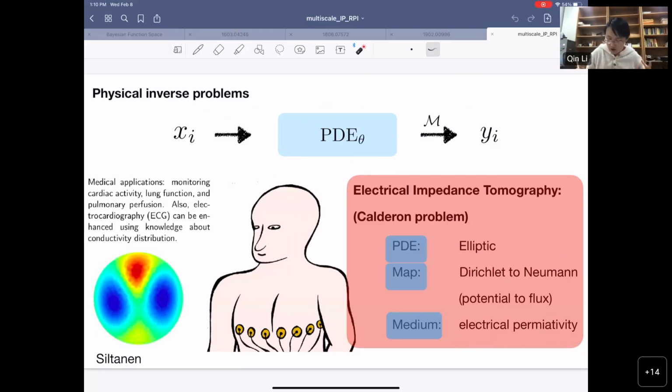And what you can do is you prescribe the Dirichlet boundary condition for the elliptic equation. In science, we say that we put down the potential on your human body and we detect the flux. The flux, the mathematical term, is the Neumann boundary condition. So we use the Dirichlet data to Neumann data as your data pair to infer the diffusion coefficient in the elliptic equation.